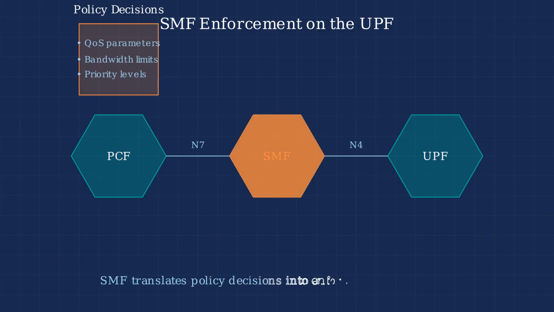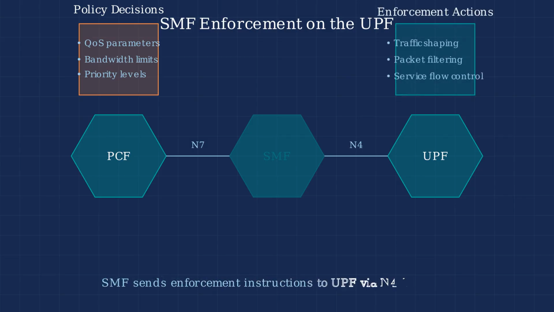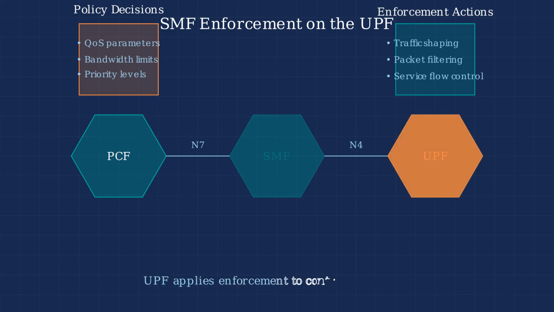The SMF then translates these policy decisions into specific enforcement instructions that the user plane function can implement. Next, the SMF sends these enforcement instructions to the UPF via the N4 interface, which is the control channel between these two functions. The UPF then implements these instructions to enforce policies on the user data traffic flowing through the network.